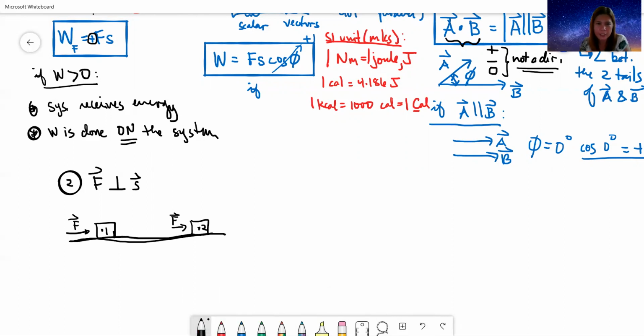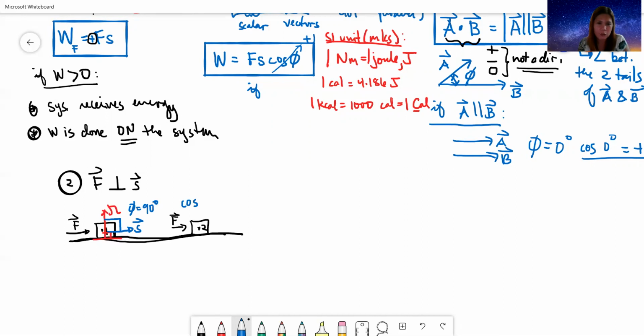So meaning the bottom of the box here is being pushed up by the normal force due to the floor. It's 90 degrees with that. Ang displacement ng box papuntang right. So, ano ngayon ang angle between the normal force and the S? Diba 90? So, in this case, the phi is 90.